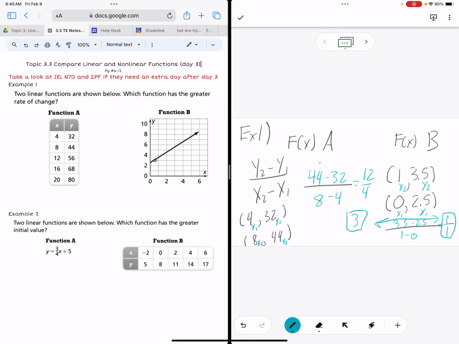Which one's a bigger number? 3. So that is function A or function B? Function A. There you go. Function A is your right answer. It has the largest slope. Function B has a slope of 1. Function A has a slope of 3. And it just asked for which one was greater.